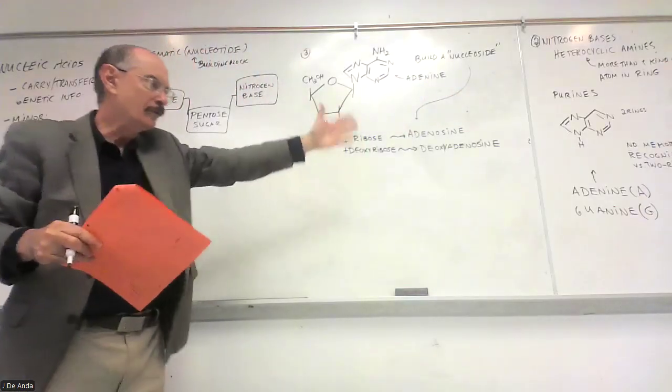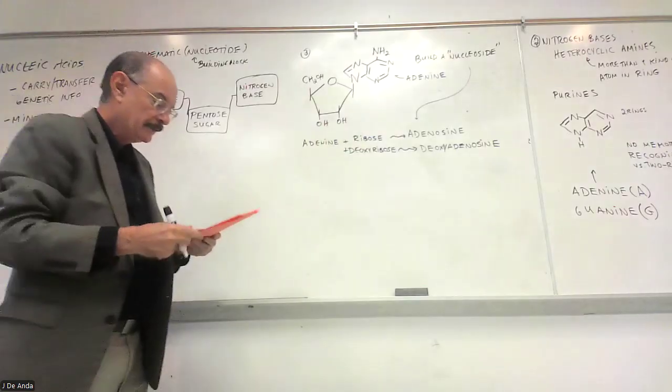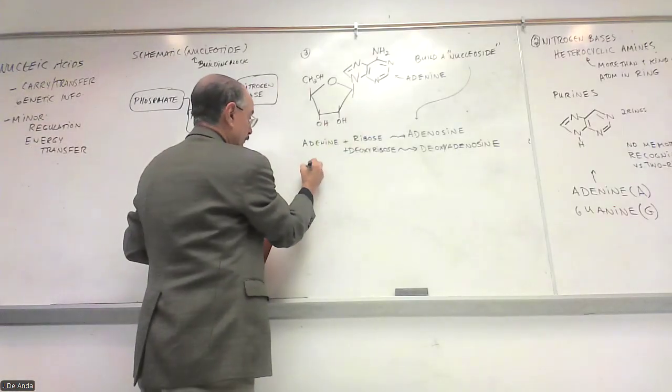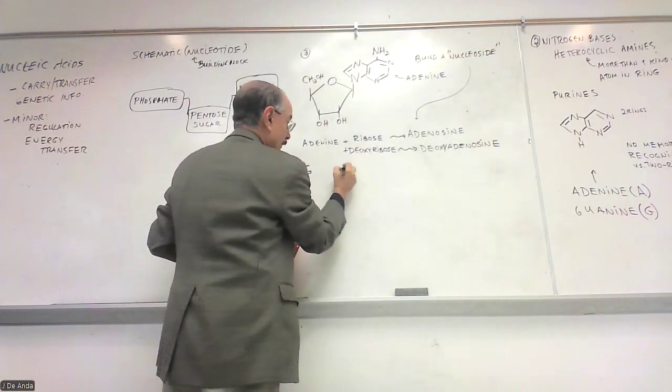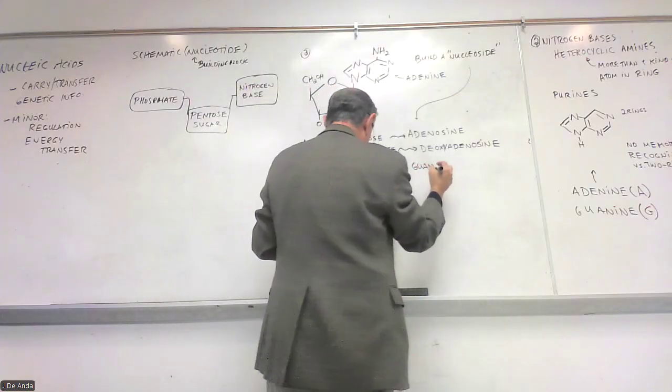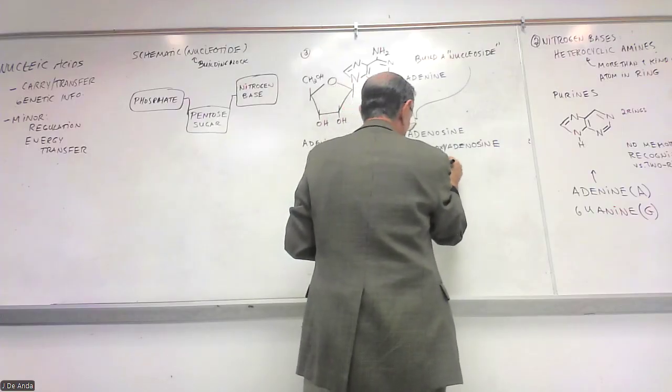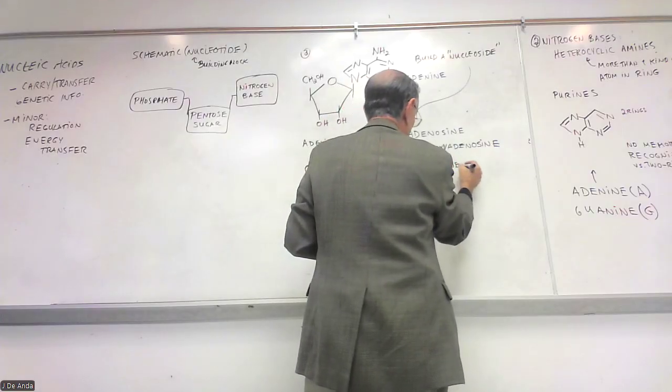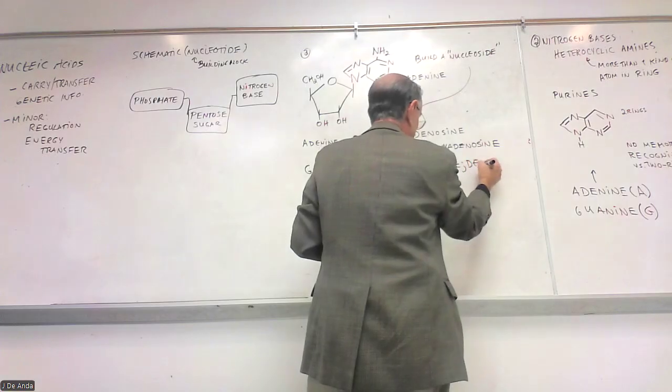You don't have to recognize each one individually. So essentially, with G, for example, we could do the same thing, and we would end up with either guanosine, or deoxy, exactly. Very good.